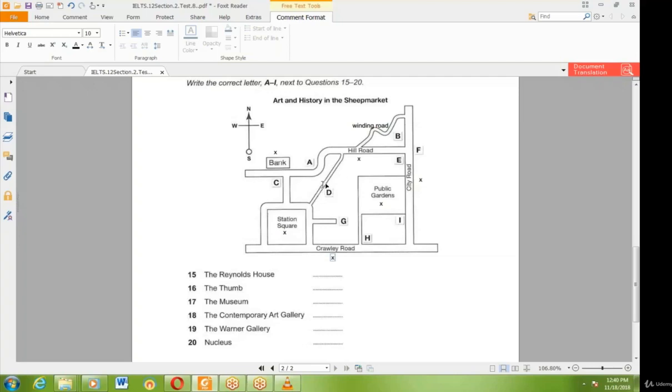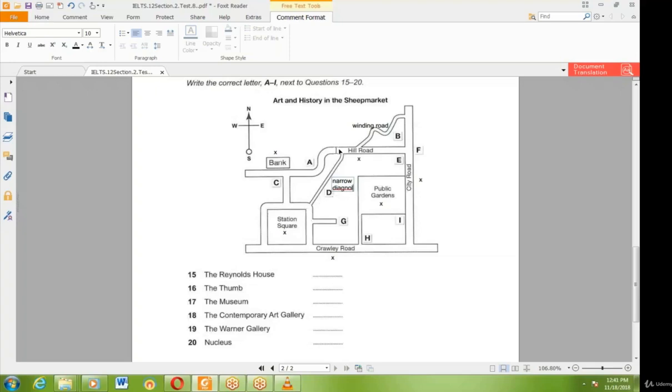Does anybody know? How would you describe that road? Narrow, okay. So you might say a narrow diagonal road.